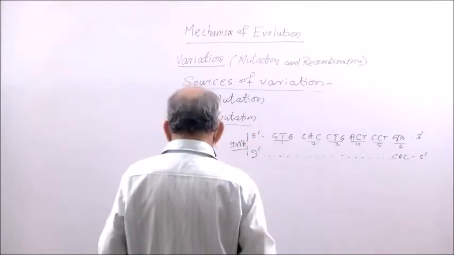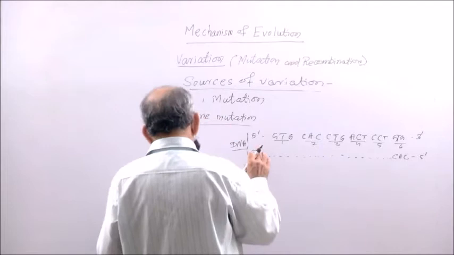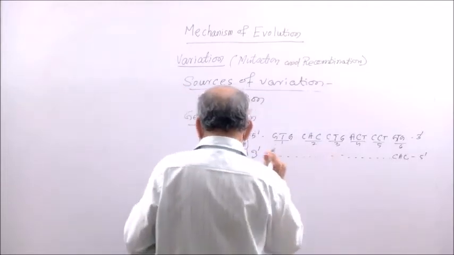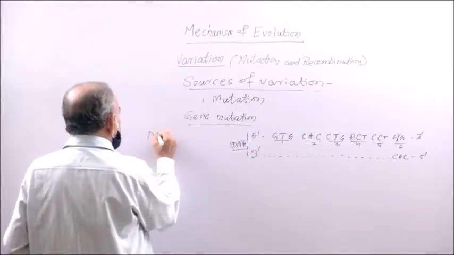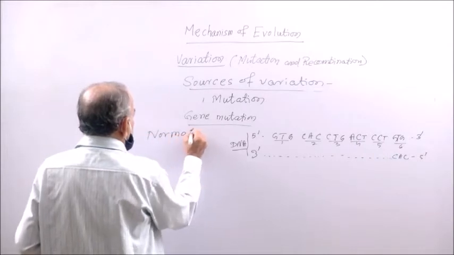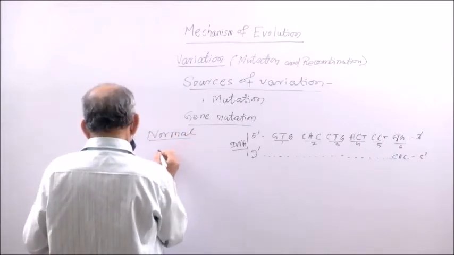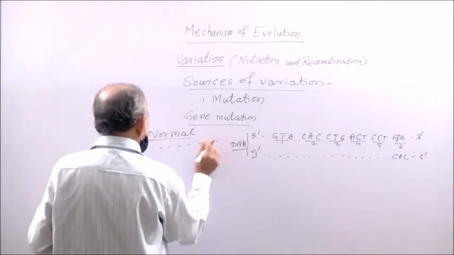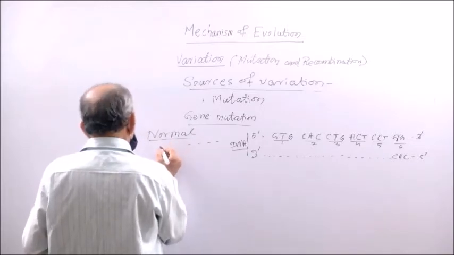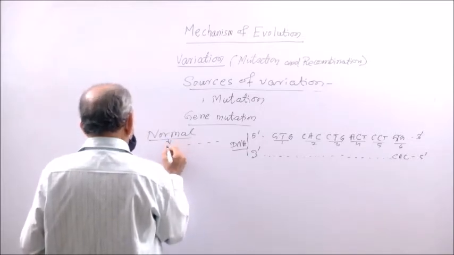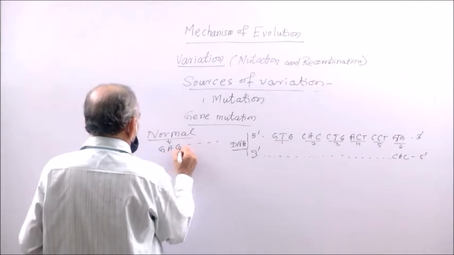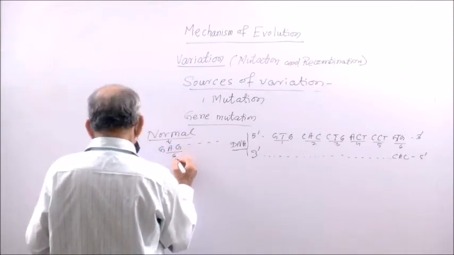This is the normal. This is the point mutation DNA. Now in the normal one, GAG is the 6th one.